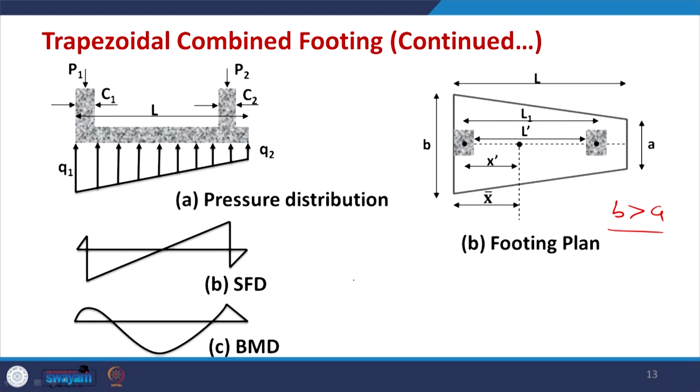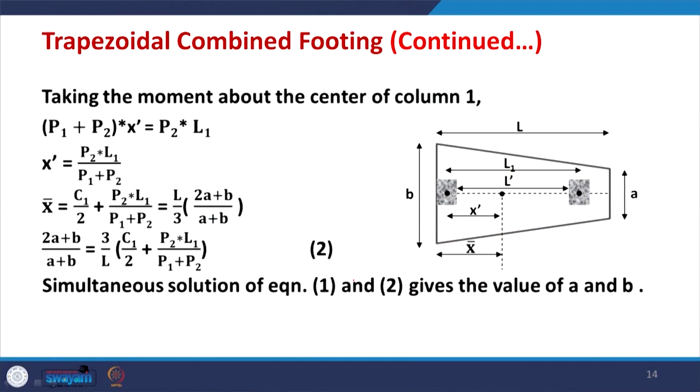To find A and B we use another equation, which comes from the condition that the resultant should coincide with the CG of the footing. That equation is developed here. Let us say the CG of the footing is at this dotted line, and at this dotted line is the point where the resultant force R acts.